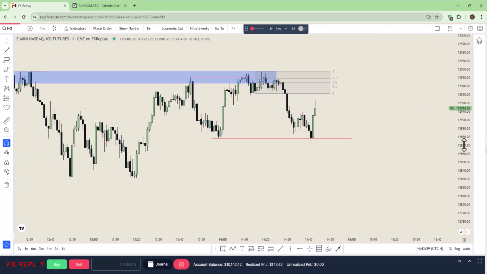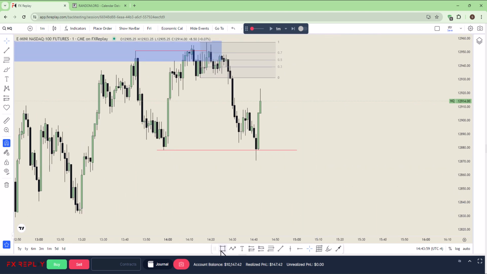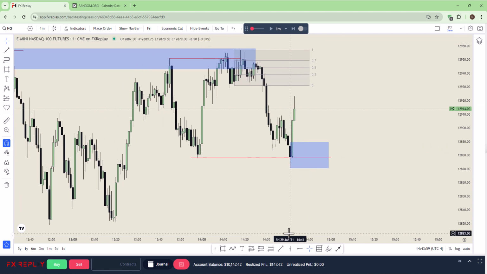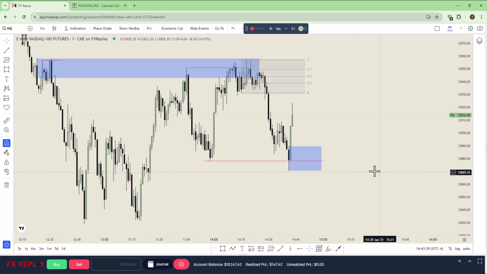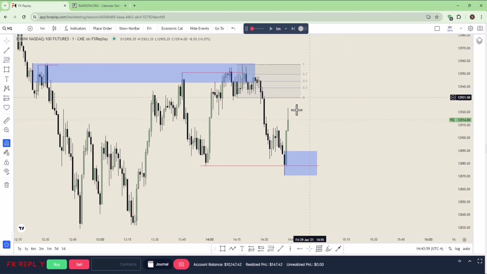On the 1 minute, all right, we do have that model right here. We have that pattern, and it is aligned with the higher time frame. So we are looking for a pullback on the higher time frame. All right, so let's see if we're gonna get an entry.